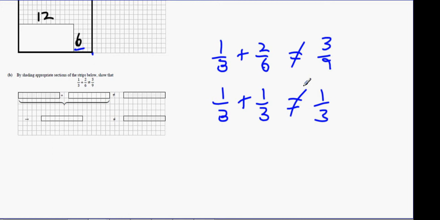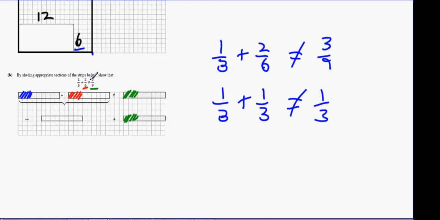It's 2/3, isn't it? So I'm going to shade in a third here. How many boxes do I have in total? 9. So 3 boxes is worth a third. I'm going to shade in this part in red. It's a third as well. So once again, 3 boxes is worth a third. And on the other one, which will be in green, 3 boxes is still worth a third. So there we have 3 boxes shaded in.